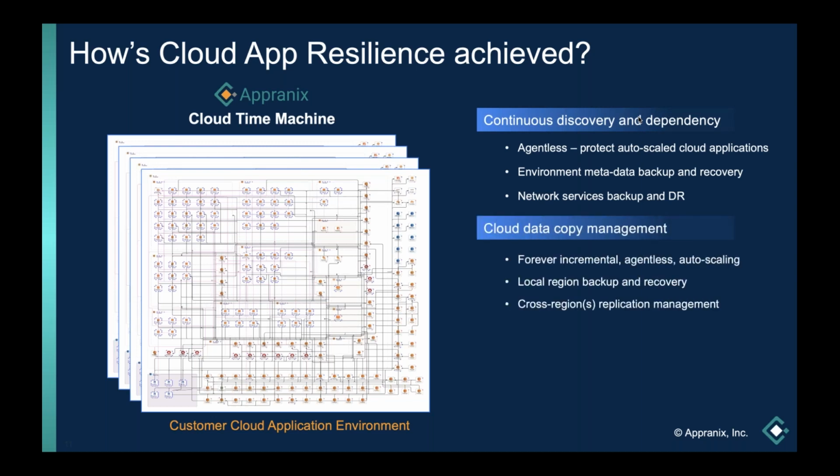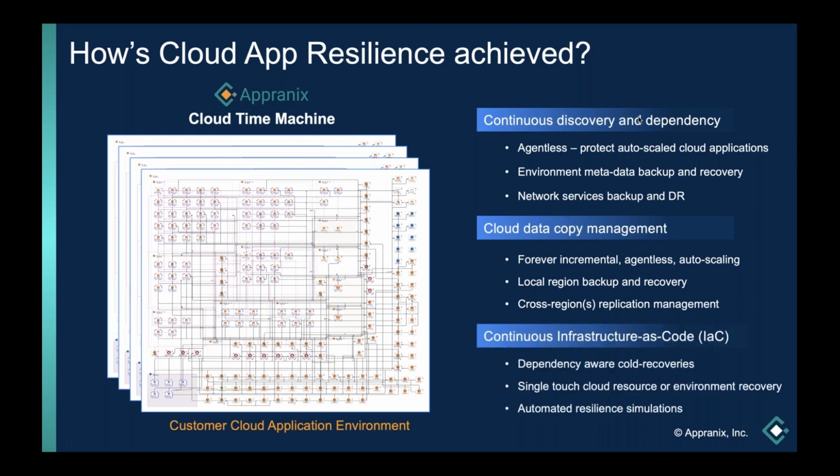And we manage the data copies for your environments, including the persistent disks, the persistent claims, and container storage where you have stored your containers, so that we can recover from that container storage because containers are immutable. Third, we make sure that you can recover your environment in a guaranteed way using cloud native infrastructure as code. In this particular case, Kubernetes-specific kubectl as well, by automatically writing that infrastructure as code.